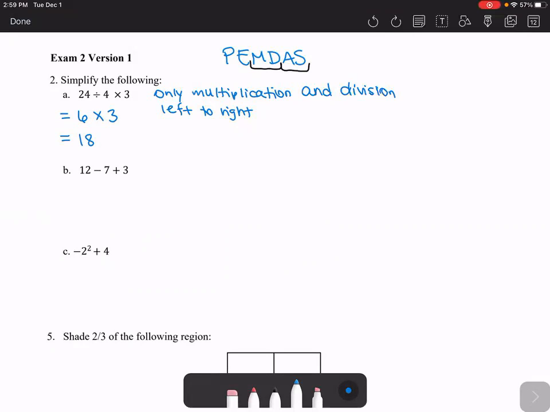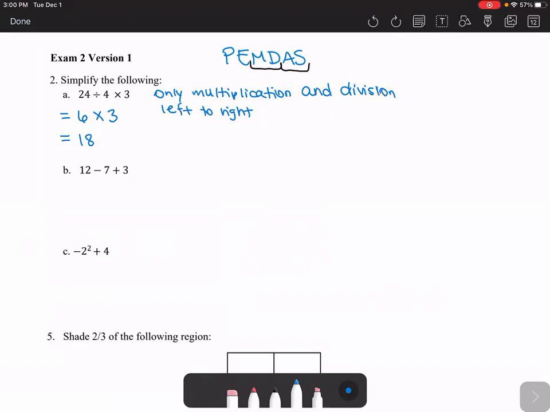A lot of times, this more so happened on exam 3, where if you didn't do left to right, then you got something that didn't work out. In this case, if you had done multiplication first, your question would have been 24 divided by 12, which is 2, and it would have worked out. But on a lot of the questions on exam 3, if you didn't do the operations in the right order, then you had to divide something that wasn't easy to divide.